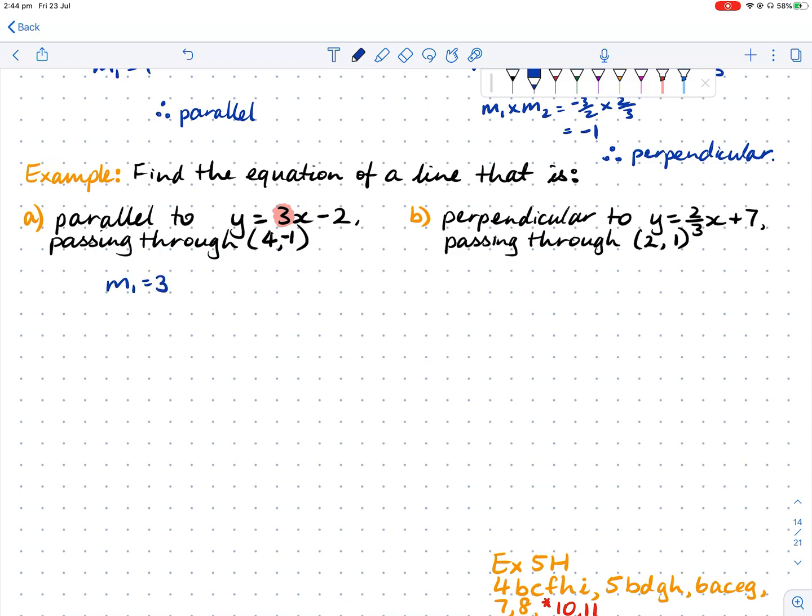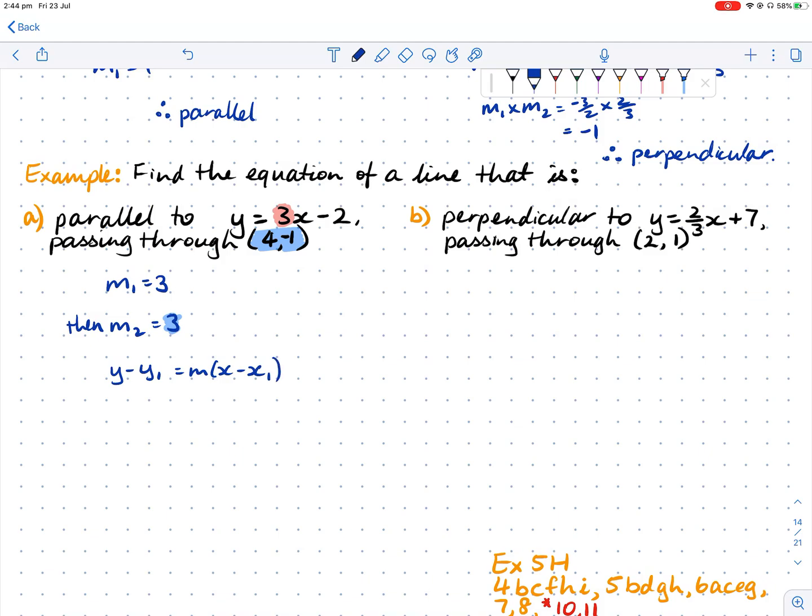Okay, so that's our first line. For our second line, m2, if the lines are parallel, then m2 needs to equal m1. So then we can say m2 equals 3 as well. So we have our gradient and we've got a point. So point gradient form, and that was the equation y minus y1 equals m(x minus x1).